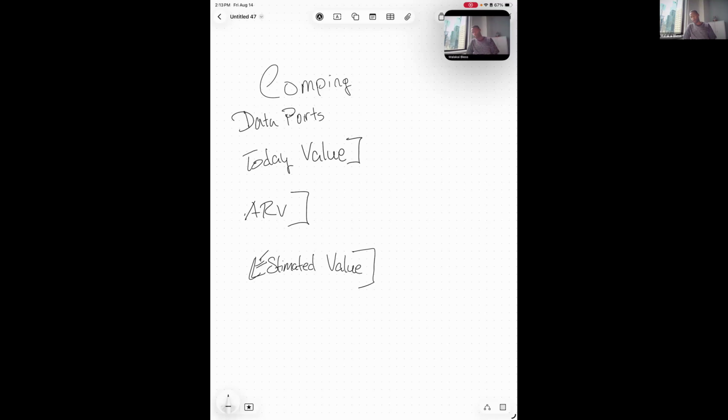These are the three: today value, estimated value, perceived value. Now, when we're comping, there's a couple things that we're going to have to take in. There's perfect data, which is everything that falls in line with exactly what our property looks like. Some of this applies to land directly as well.